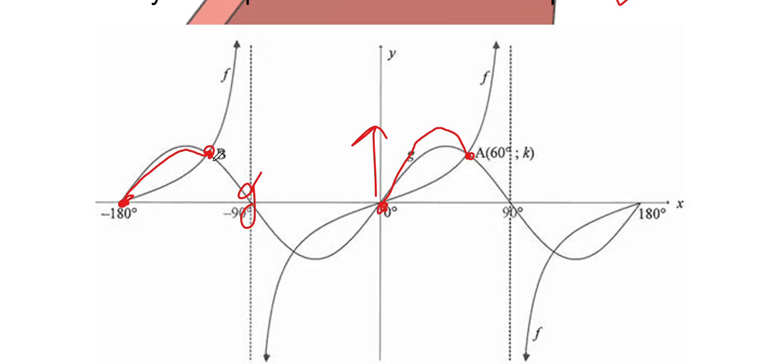So now you are able to tell, okay, from this point to that point there is a distance of how much? There's a distance of 180, and then from this point to that point there's a distance of 180.